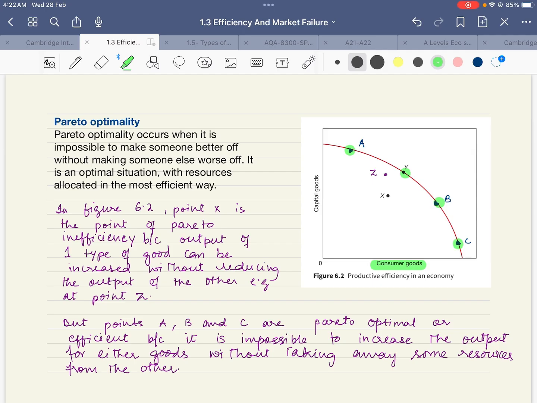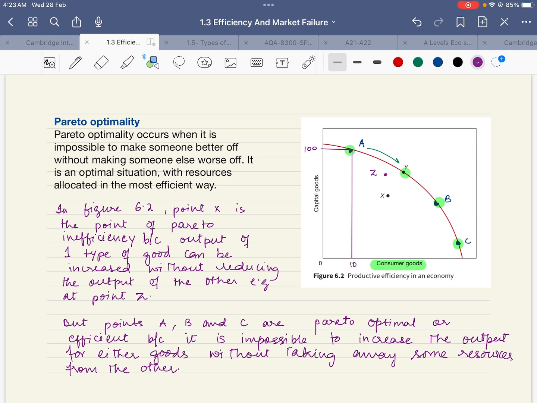Means if they want to move from point A to point B, they will have to reduce some output of capital goods in order to increase the output of consumer goods. Let's see it. At point A, the economy is producing this output, say 100 units, and here it's producing 10 units.